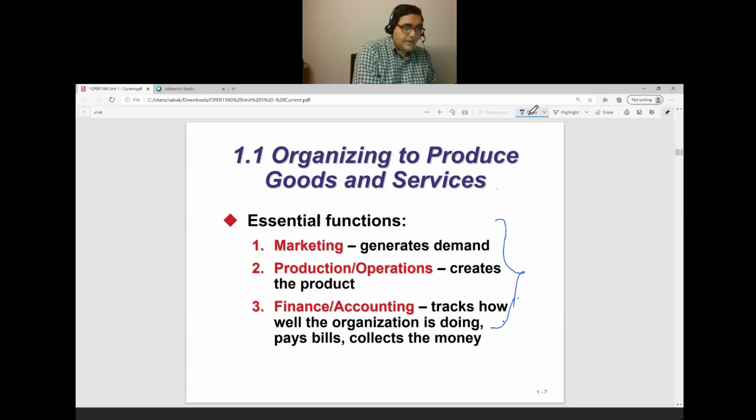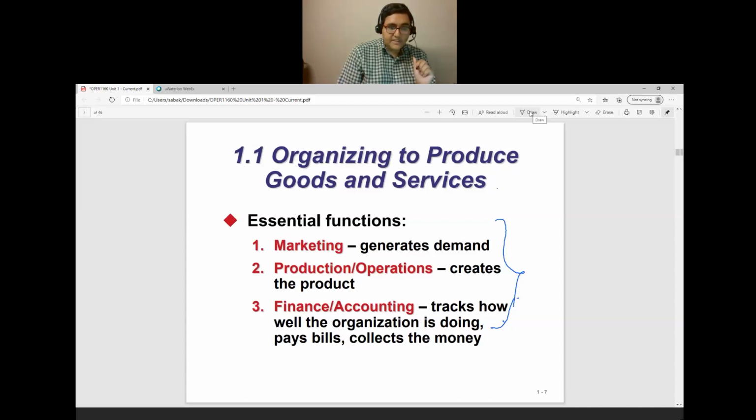So the three aspects are marketing, production or operations, and finance and accounting. These are the three essential functions that any organization performs.